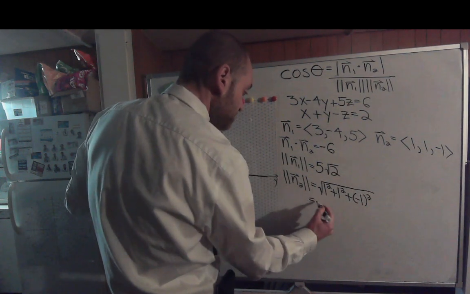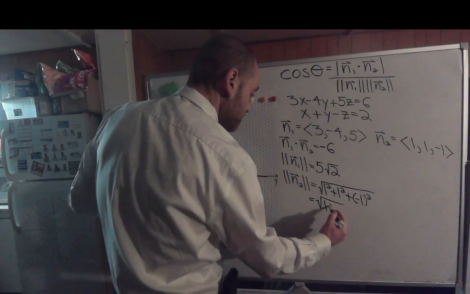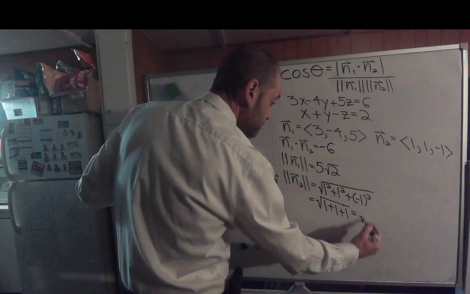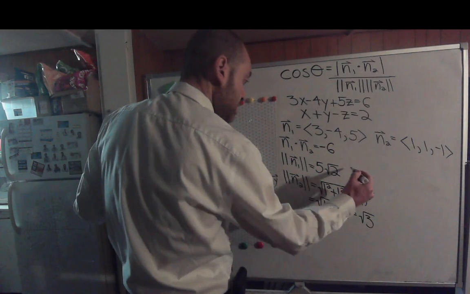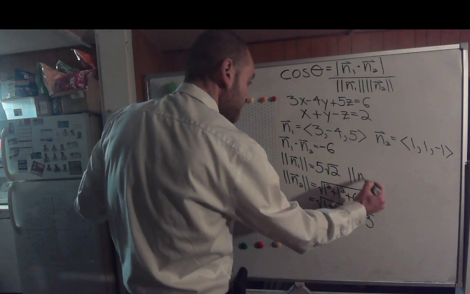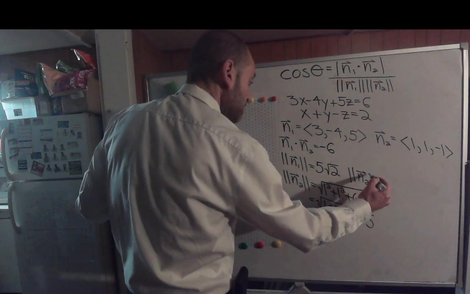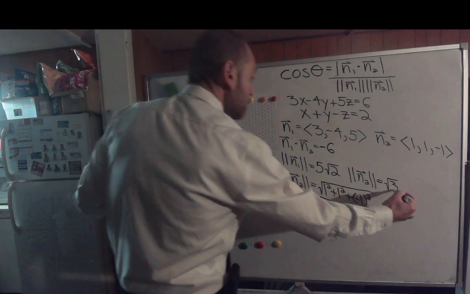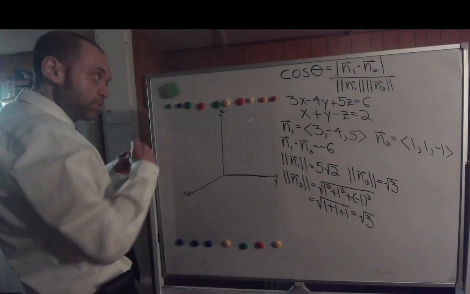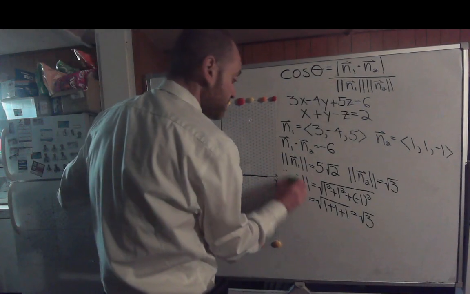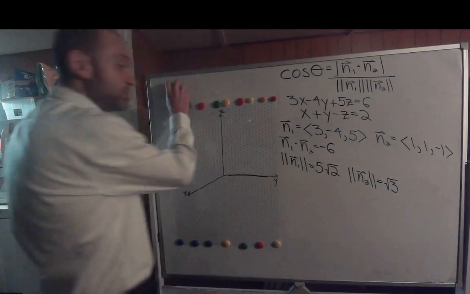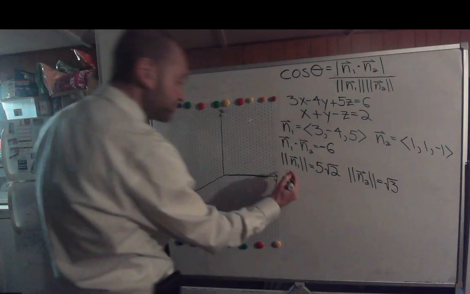So that's going to be the square root of 1 plus 1 plus 1, which would give you the square root of 3. So the magnitude of vector n sub 2 is the square root of 3. Alright, so we have also now found the magnitudes of our vectors. Let's go ahead and start applying the formula because we've got everything we need now.